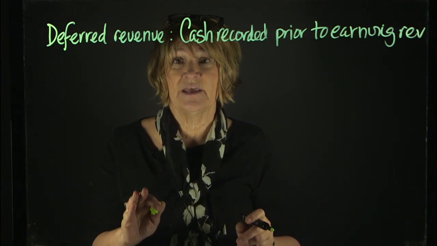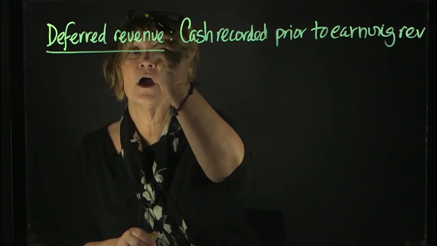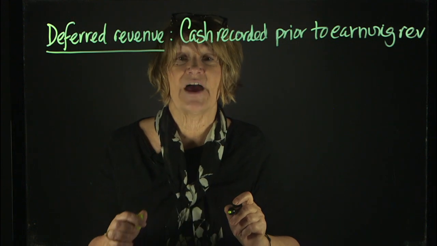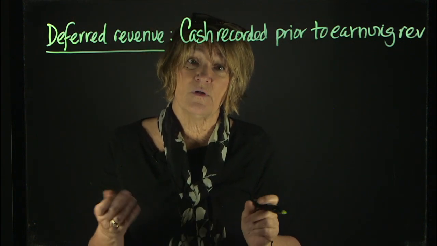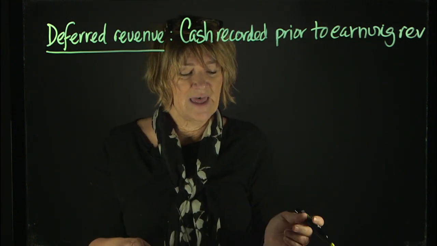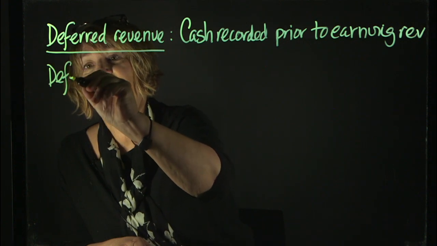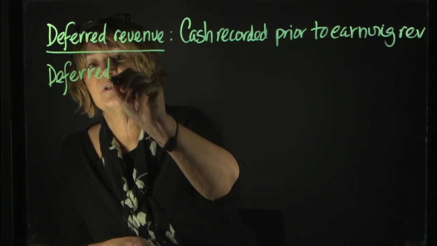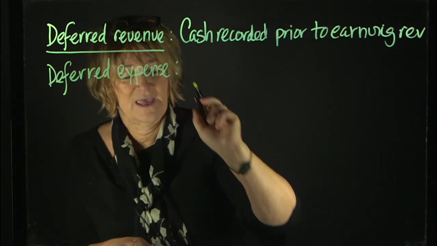You got to keep it in an account. And remember that this revenue account or unearned revenue account is in fact a liability. Because if we don't perform the service, then we'll have to give the money back. All right? So then what we also have, if we're sticking with deferrals, is we have deferred expenses. Okay?